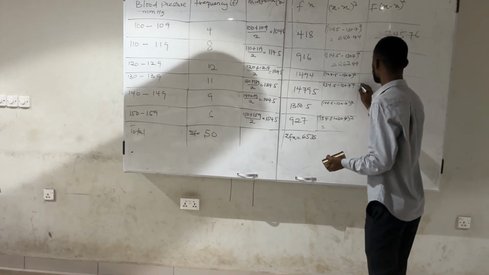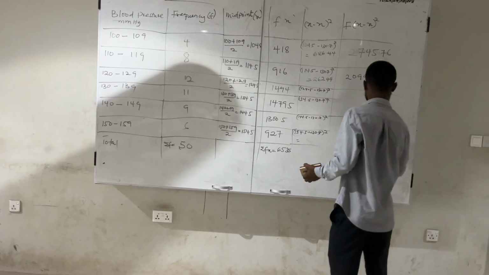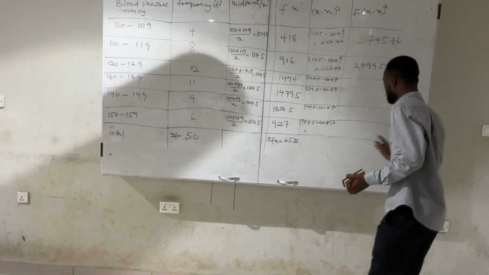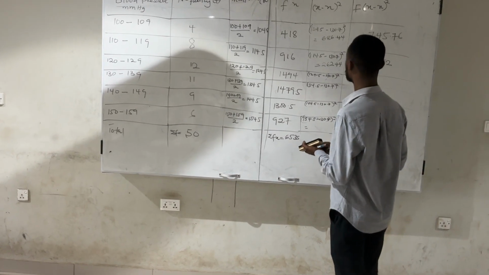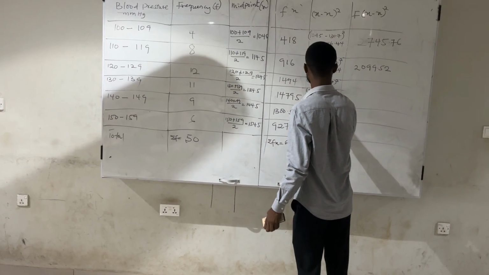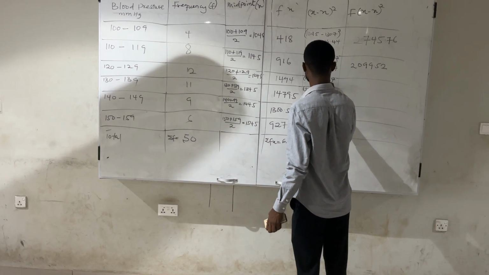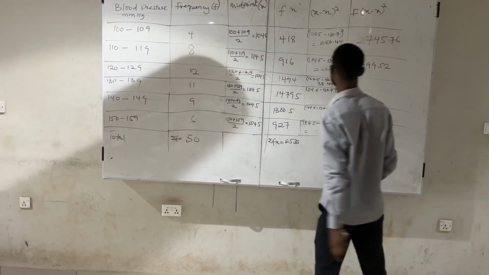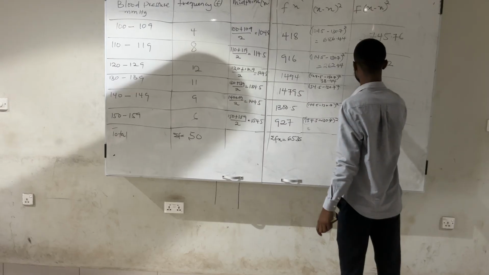Then we have the next one, 38.44, multiplying 12 gives 461.28.